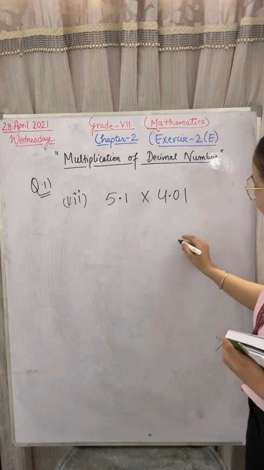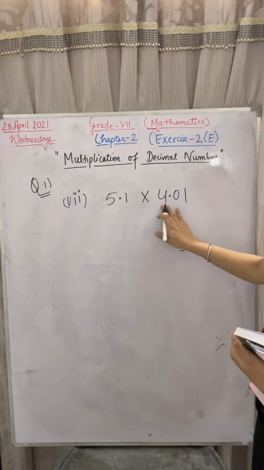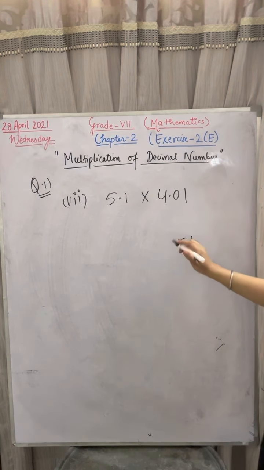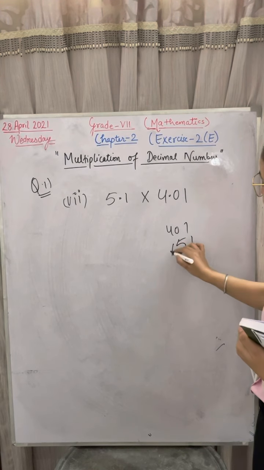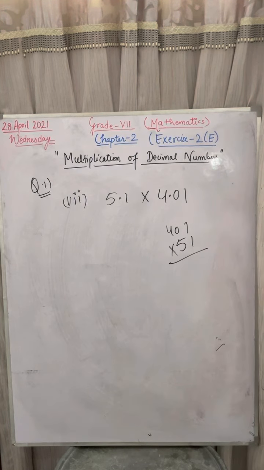Here I have 51 and here I have 401. So multiply 401 with 51. Quickly. Yes, Ananya, very good.